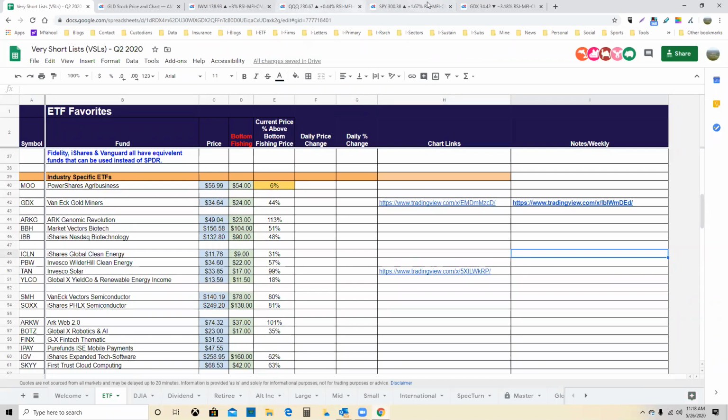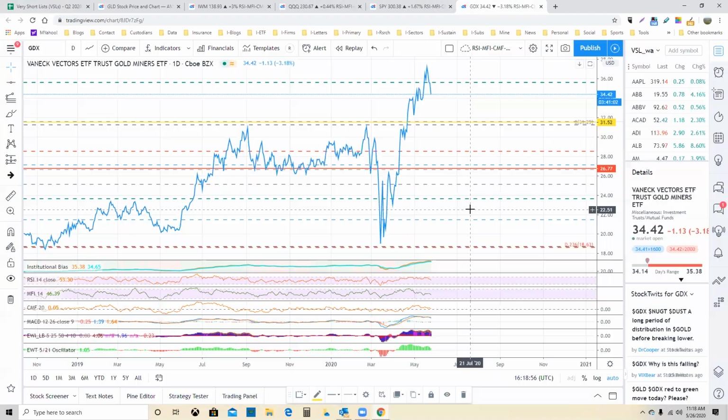So yeah, I think somewhere between 31-ish and 27-ish, buying back your calls if you sold them, or buying GDX if you don't have enough of it. And again, I wouldn't go past 15%.